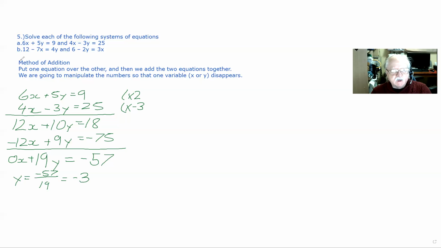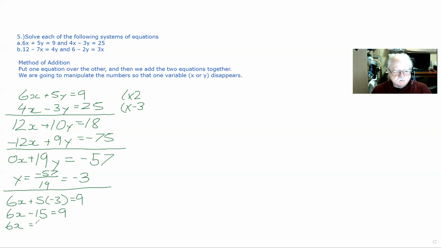Let's plug this negative 3 back into these two equations and make sure it's equal. So 6x plus 5 times negative 3 equals 9. So we get 6x take away 15 equals 9.